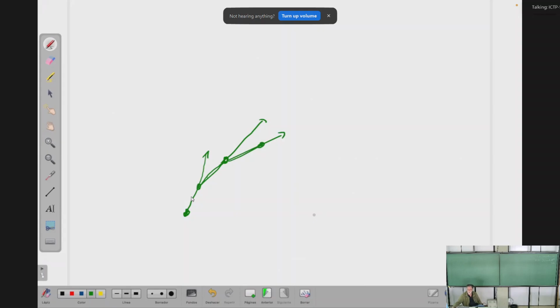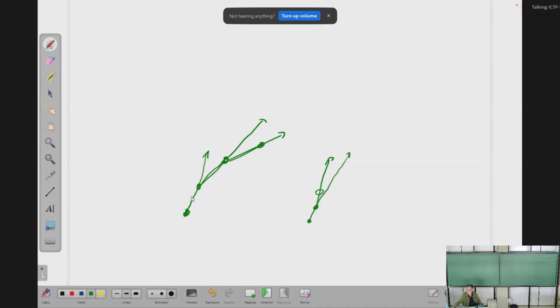But you could do the following. You say, okay, I take this point, I have this vector field here, and I take not the full delta t, which would be the corresponding point here, but I go half up to here. Here I compute the vector field.